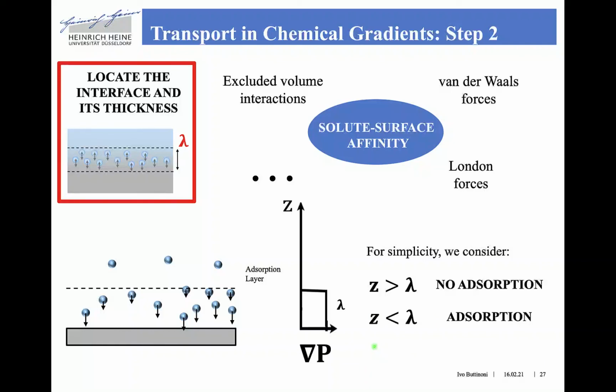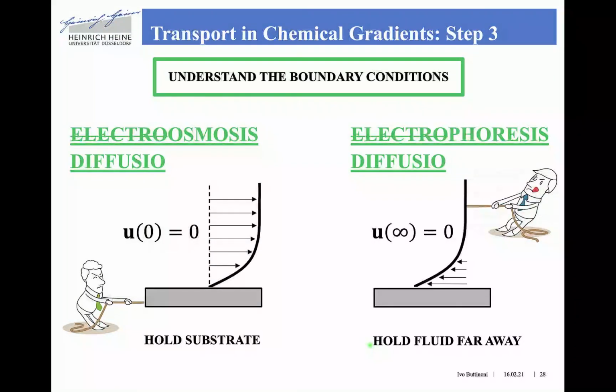The third step, following our protocol, is exactly identical as in the case of electrophoresis and electroosmosis. So we have diffusioosmosis in case we hold the substrate, whereas on the other hand we have diffusiophoresis if we have a freely suspended surface or freely suspended particle while we hold the fluid far away.